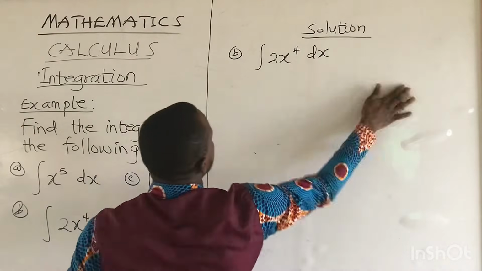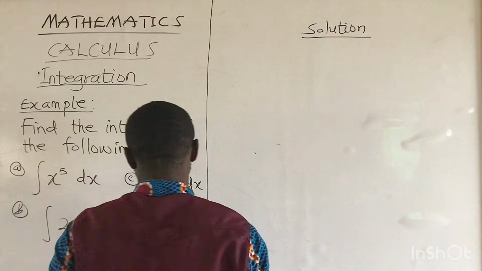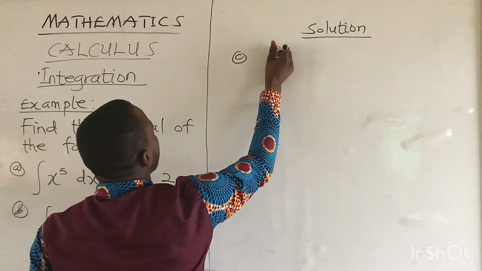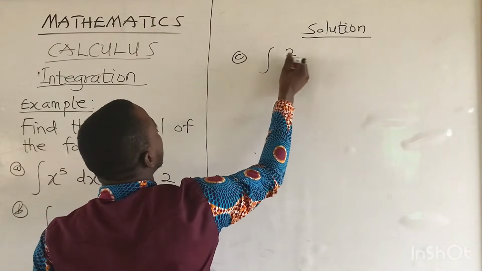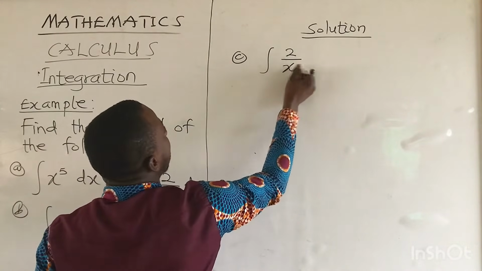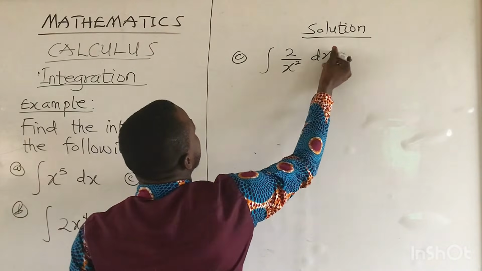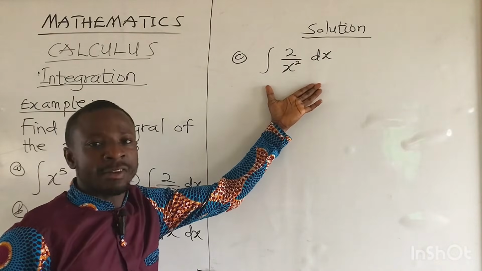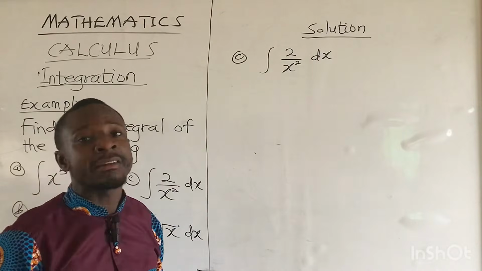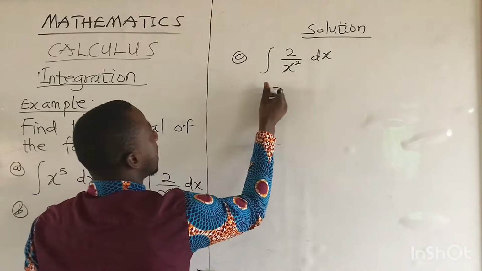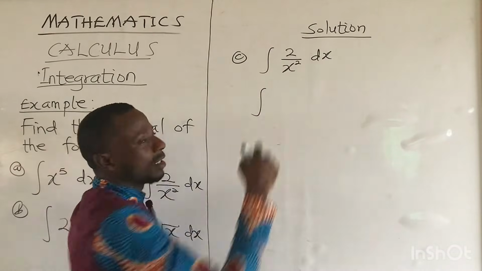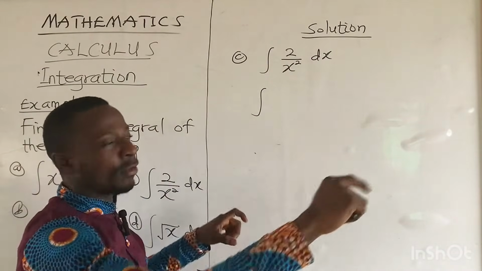The next example. The integral of 2 over x squared dx. Anytime the function is found in a fractional part, then there is a need to rewrite it in a linear form.